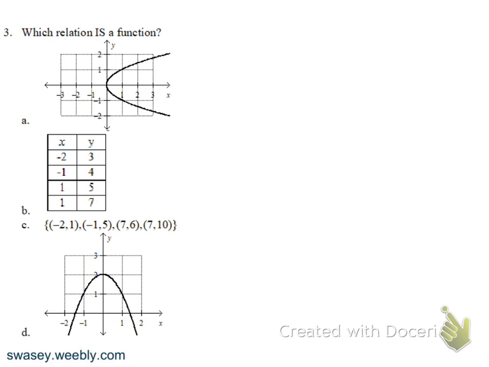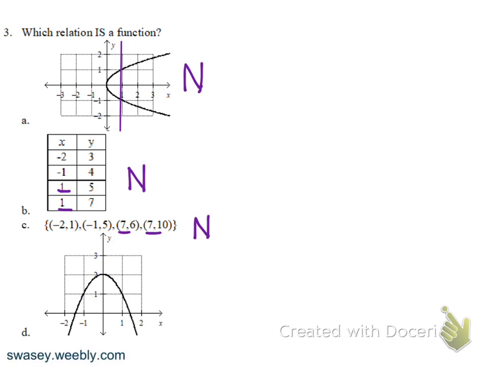Here we're trying to pick out the function. For our graph, if we do the vertical line test, then we'll see that this is not a function. Here we've got 1 going to 5, 1 also goes to 7, so that's not a function. 7 goes to 6, 7 goes to 10, so that's not a function.